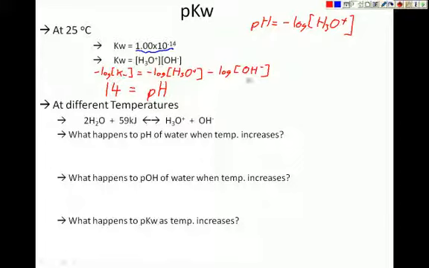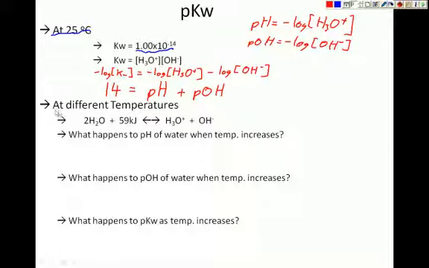And the negative log of OH minus, that's pOH equals the negative log of OH minus, so plus pOH. Remember, the only thing that can change Kw is temperature. At 25 degrees, it's just 14 equals pH plus pOH. And that's how we got one of those formulas that we learned last time.